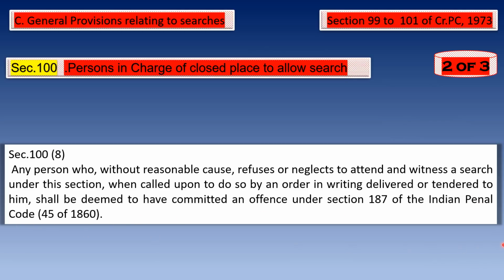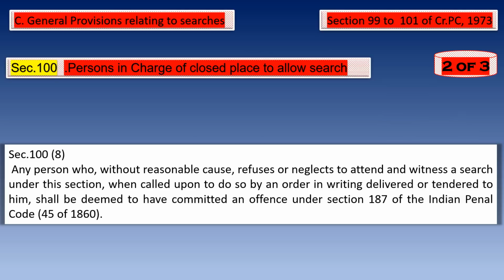To understand this in a better manner, let's go to a flashback. In subsection 4 of Section 100, we covered that two respectable inhabitants of the locality, if they are not present, then of another locality, will be asked to witness the search of a place to be conducted.